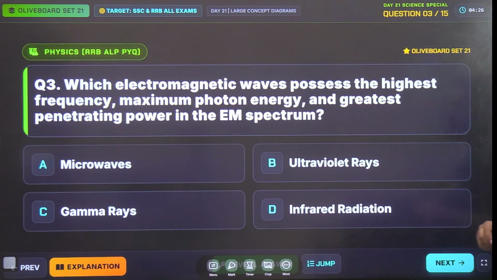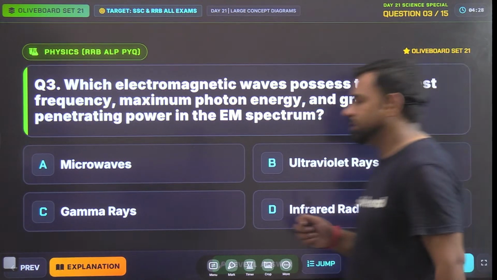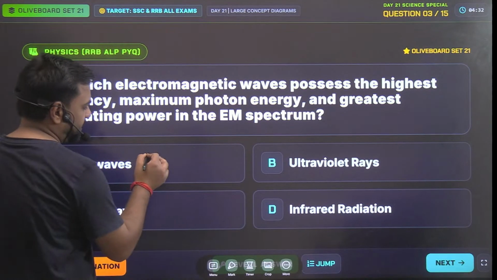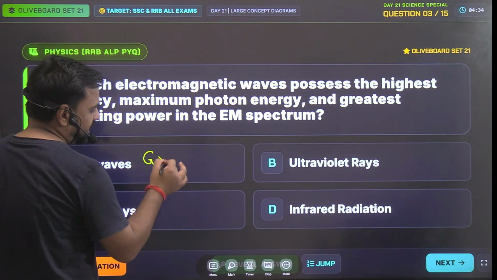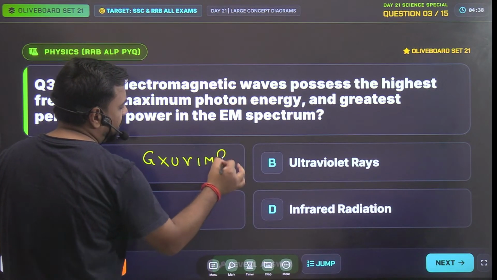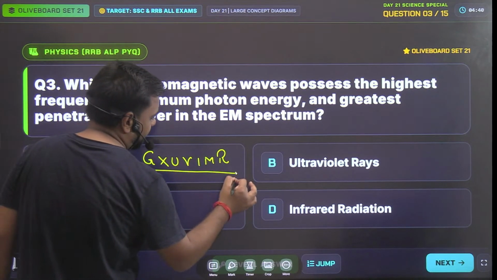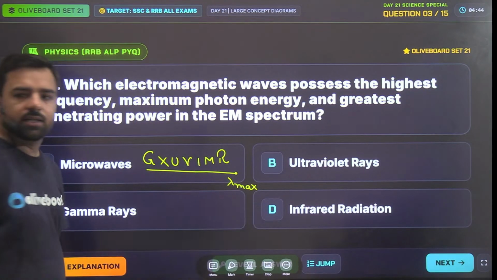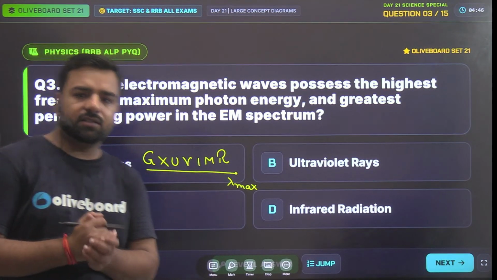So which electromagnetic wave possesses the highest frequency? For this case, again, just like VIBGYOR, we can write like this: G X U V I M R. Again, where do we have the maximum wavelength? Maximum wavelength is of the radio waves. Radio waves possess the maximum wavelength, right?